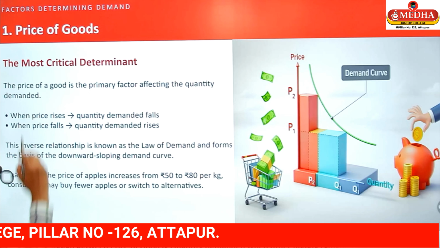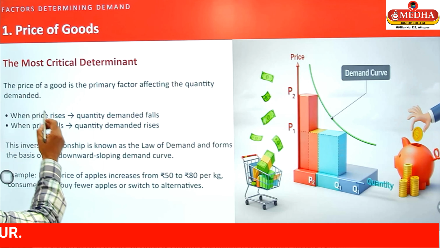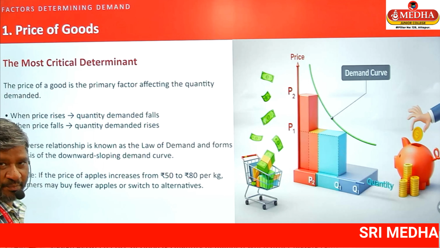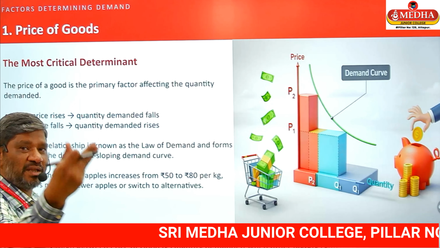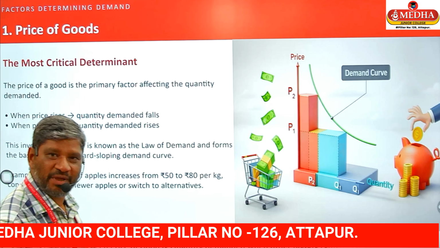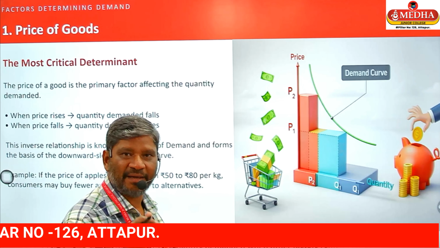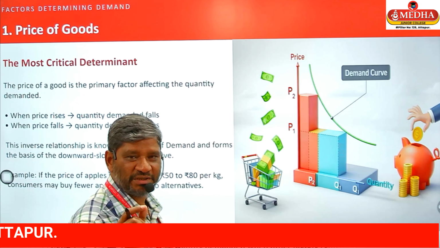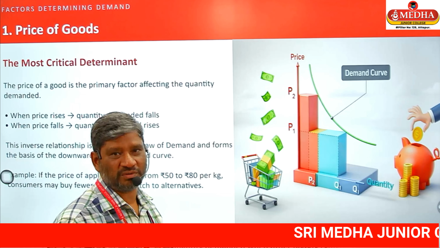The first, price of goods. Here you can see it shows the relationship between quantity demand and price when other factors remain constant. Y constant, PS constant, PC constant, tech constant, population constant. What is changing?